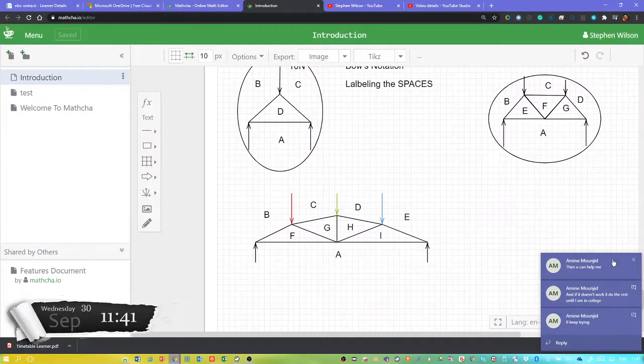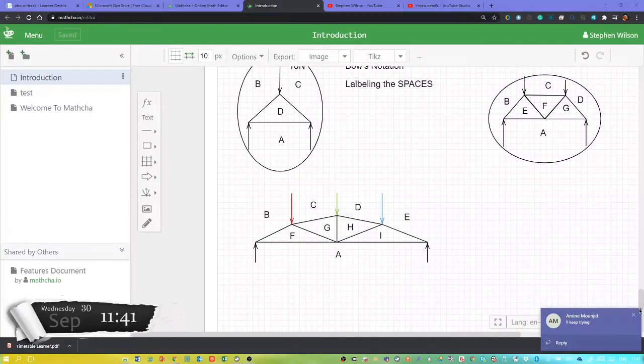That's what we use for Bow's notation. So hopefully we've got our head around that. So what do we do with Bow's notation? We'll get to that in just a moment.